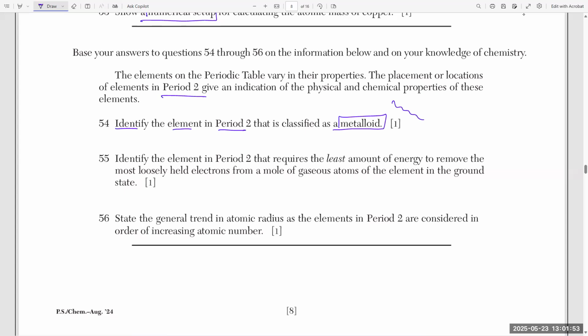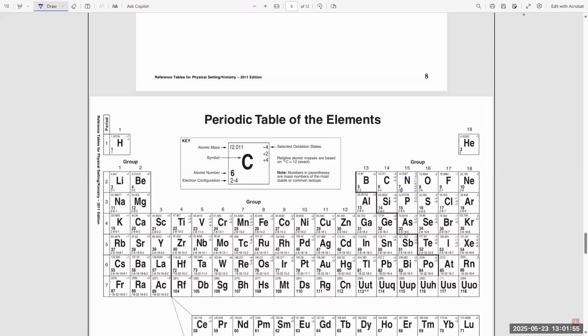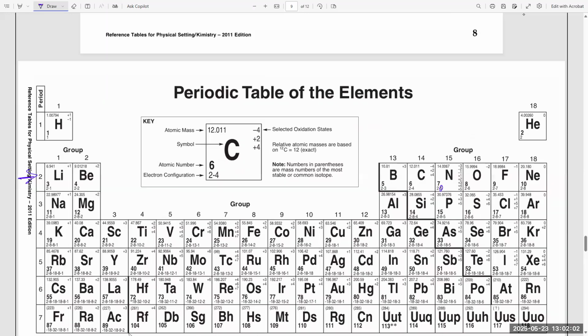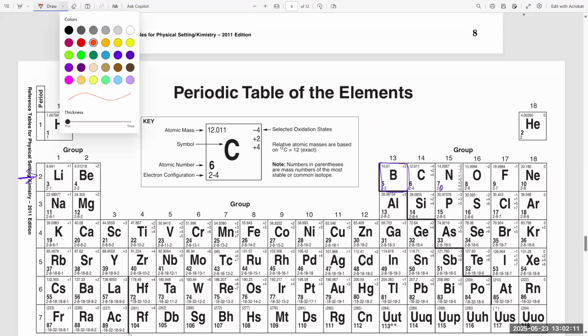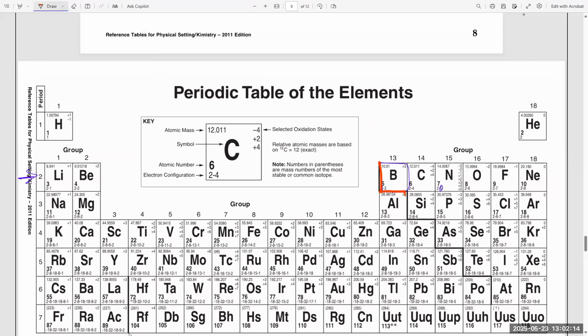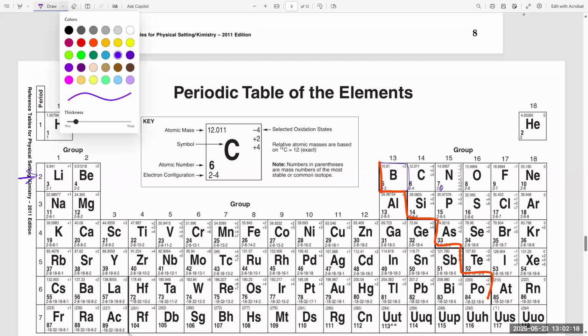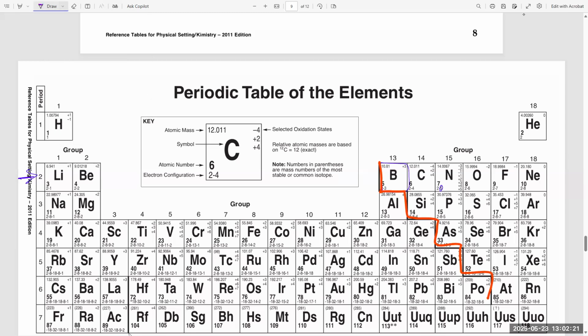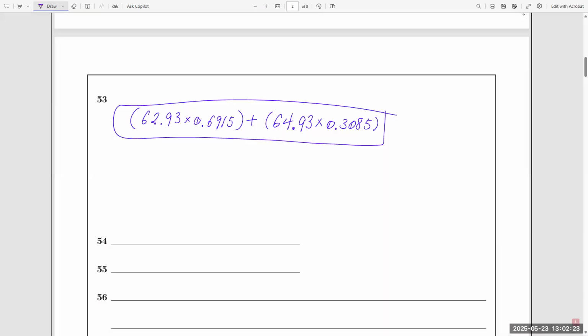We're looking at period 2, and at somebody sitting on or hanging off of the steps, and that would be boron, because your metalloids are located along this line right here. So the answer for that one would be boron.